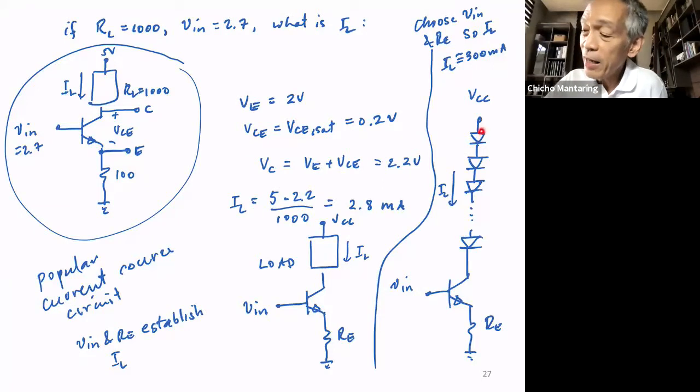So kahit na ilang LED ang ilagay mo dito, your current will stay at 300 mA. Sometimes you have just one LED, sometimes 10 LEDs, sometimes 20 LEDs. Kahit na gaano kadaming LED rito, the current flowing through your LEDs will always be the same because that is established by V in and RE.